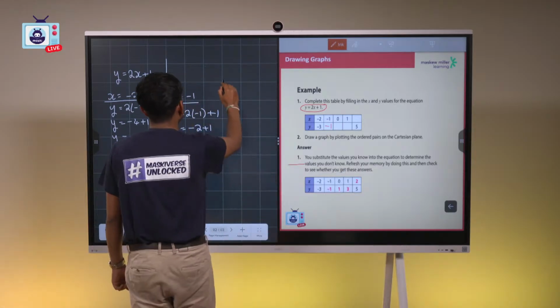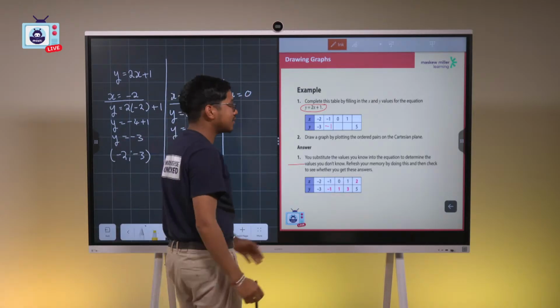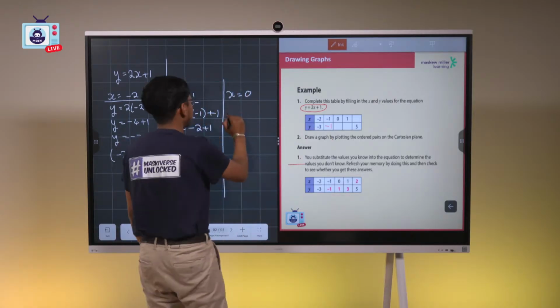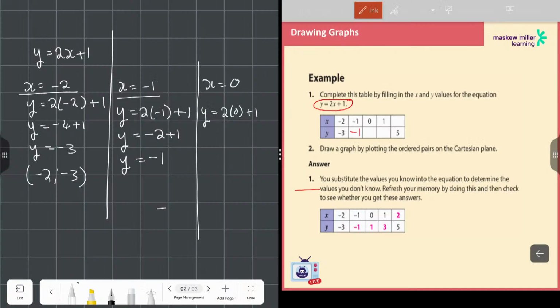All right? Now I'm going to do for x equal to 0. So wherever I see x, I will now put 0. So I'll say y is equal to 2 times 0 plus 1. So y will be equal to 2 times 0 is what? Sorry, that was a mistake over there. Let me just make that neater. Let me erase that. There we go.